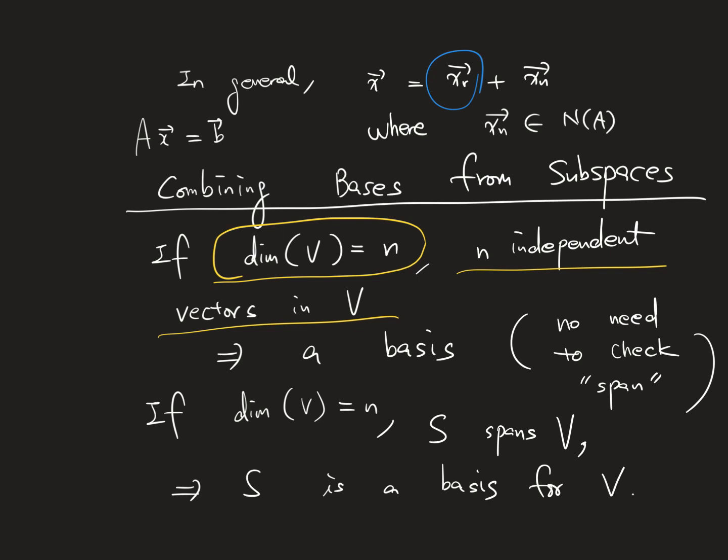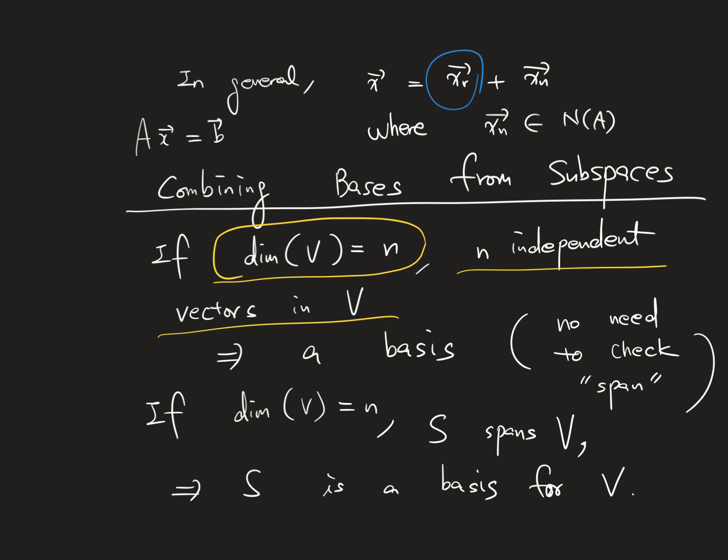for V. In general, when we have any subset in a vector space, we want to check whether this subset could be a basis of the vector space, and we need to check two things.